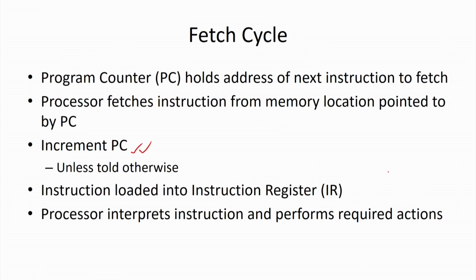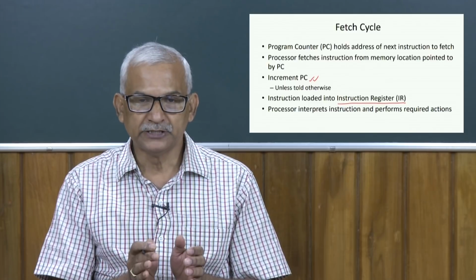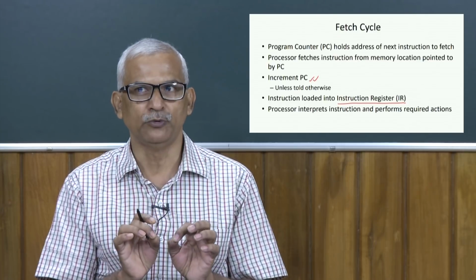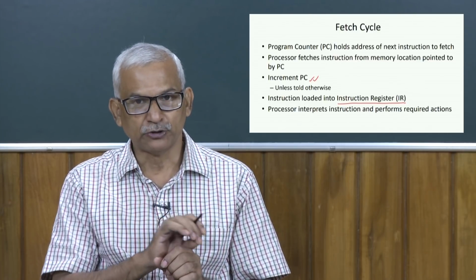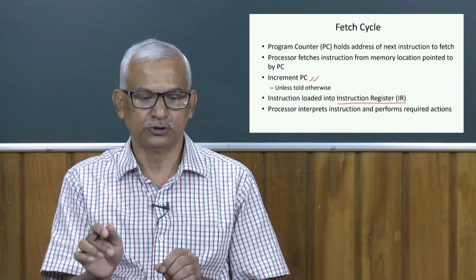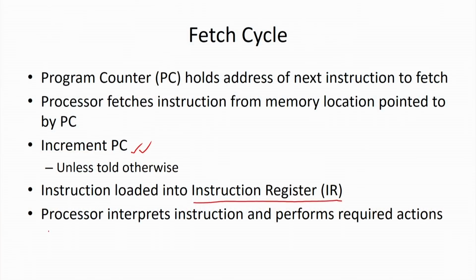After that, the instruction we get will be loaded into the instruction register. We have a special register called the instruction register, and after fetching an instruction we keep it there. Once we have the instruction in the instruction register, the processor will know what operation we need to perform. That information is given to the control unit, and the control unit generates the appropriate signals. So the processor interprets the instruction and performs the required action.